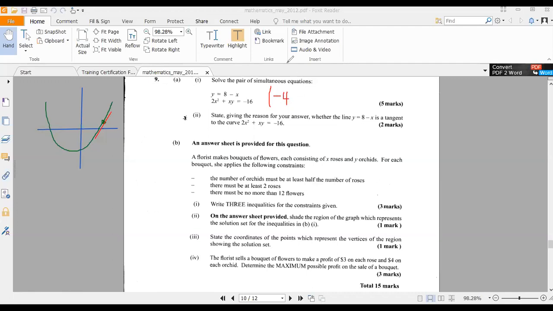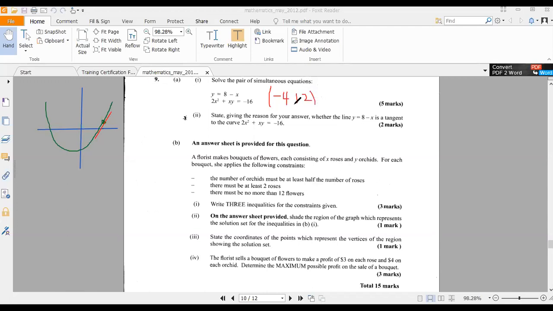Yes, sir. x1 and x2 are the same value: negative 4 for x and 12 for y. That's what you mean? I don't remember the answer. 12, that's what I say. If it's a y value, what? No, sir. Yes, oh, negative 4 and 12.